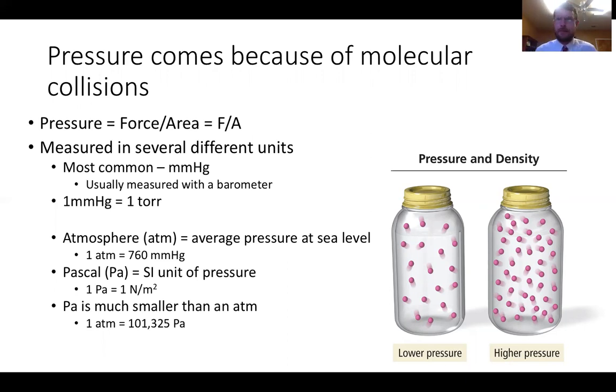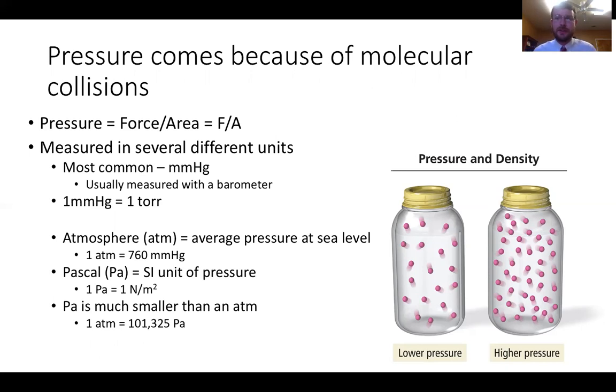You might hear barometric pressure. That's where it comes from. So it's millimeters of mercury. Now, millimeters of mercury is the same as a different pressure unit called torr, T-O-R-R. So on an exam, if you see torr, it is the same as a millimeter of mercury.